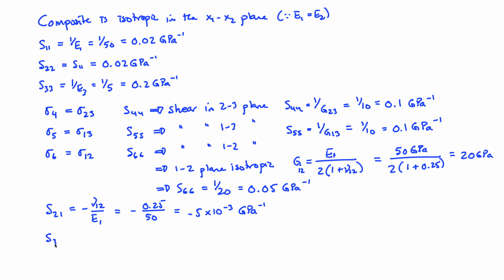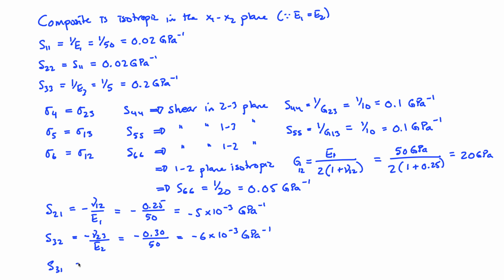And we have S32 is equal to minus nu23 over E2, and that's equal to minus 0.30 over E2, which is 50 gigapascals, and that's equal to minus 6 times 10 to the minus 3 gigapascals to the minus 1.